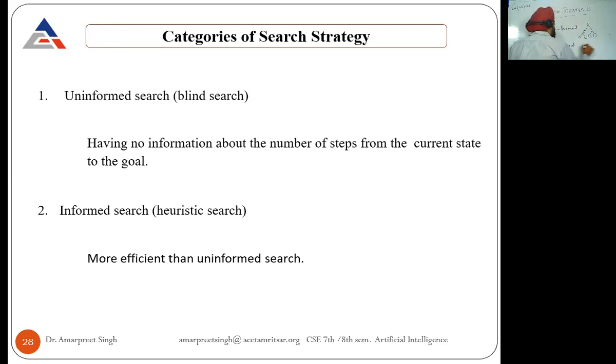Suppose in this tree you have two options: you can move to this path or that path. On the basis of the information, you will have some evaluation function. After applying the evaluation function, you will come to know which is the better path, and you choose it. That type of search is known as informed search, or heuristic search.